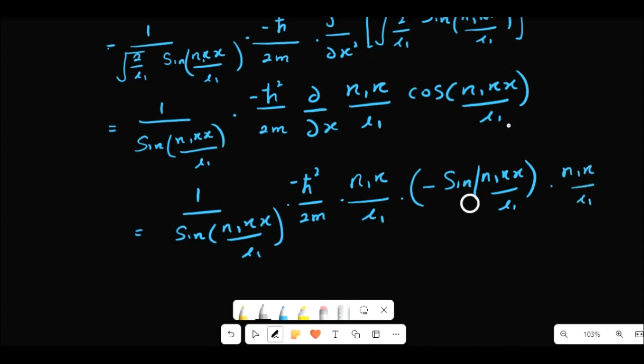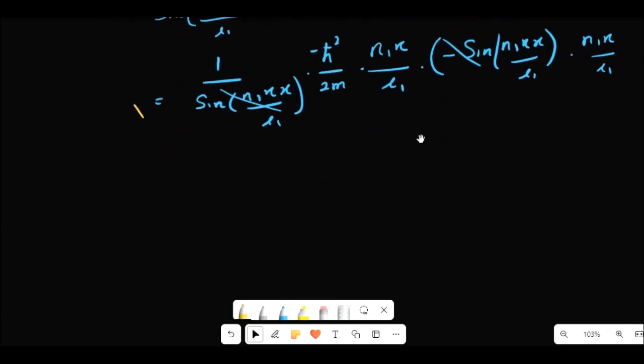Now here you can see this sine term and this sine term cancel out, right? This minus term and this minus term become plus, positive. So h bar squared over 2m times n1 pi over L1, the same term, so I get n1 squared pi squared over L1 squared. Now this is the only thing I am left with, right?